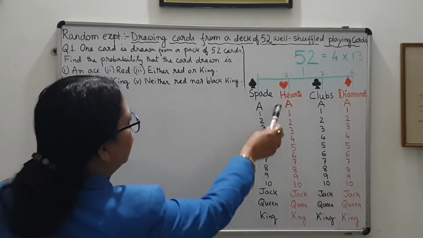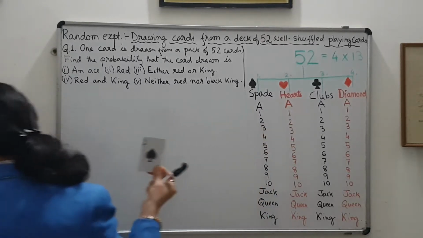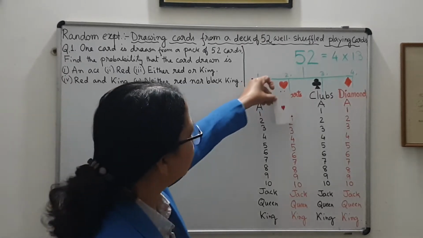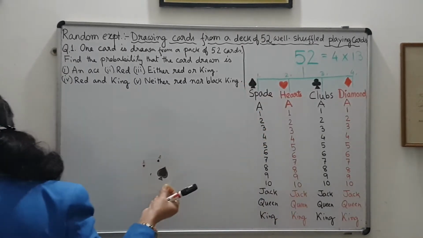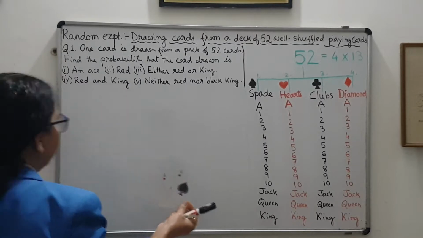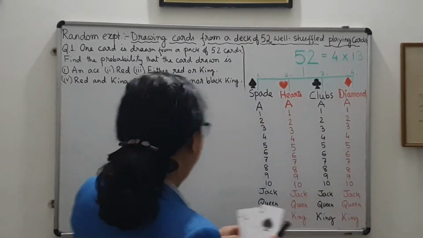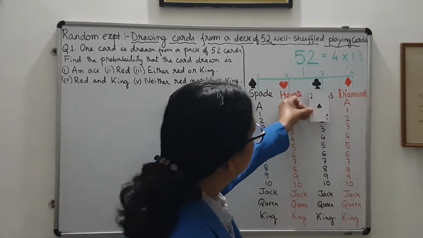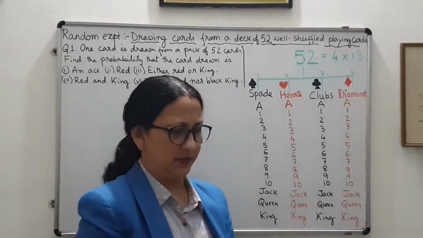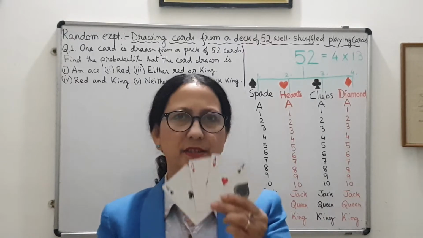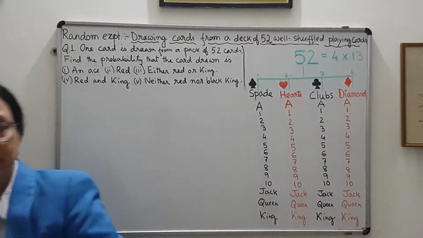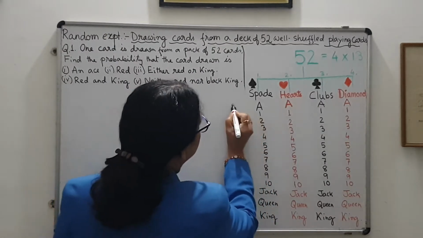So for each type there is one A written here. This is the ace of the hearts, and this is ace of diamond, and then lastly the ace of the clubs. So there will be four aces, two black ace, two red ace.